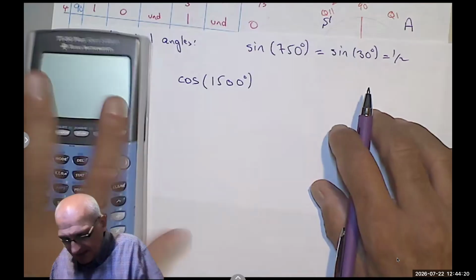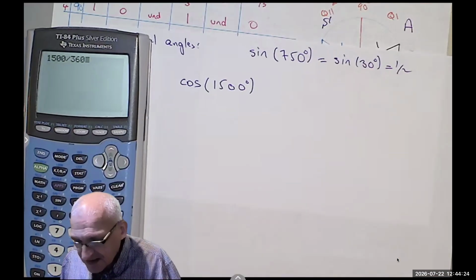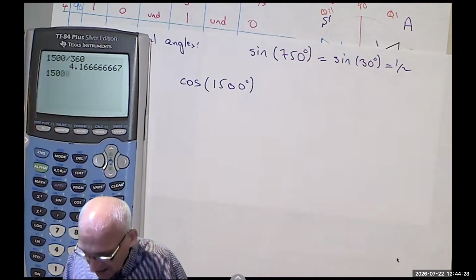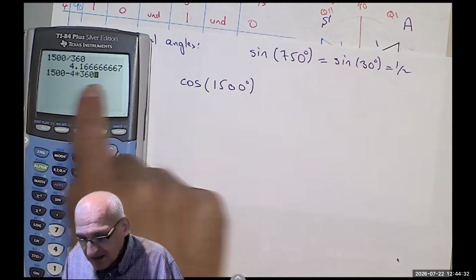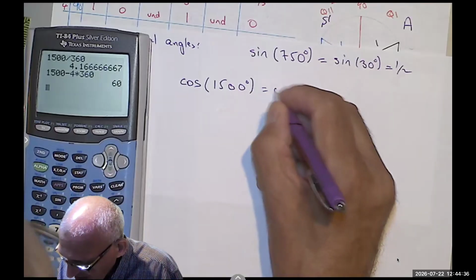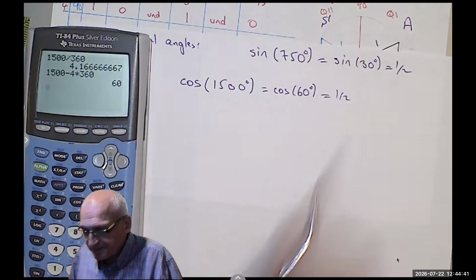I'm going to use my calculator and say 1500 divided by 360 is 4. So I can subtract 4 times 360 from the 1500. That gives me 60, so that's cosine 60, and that's 1/2.